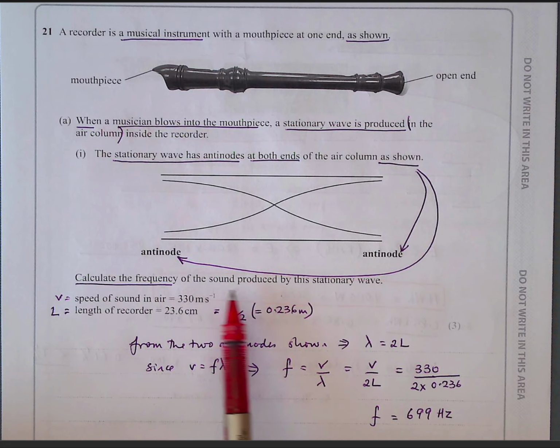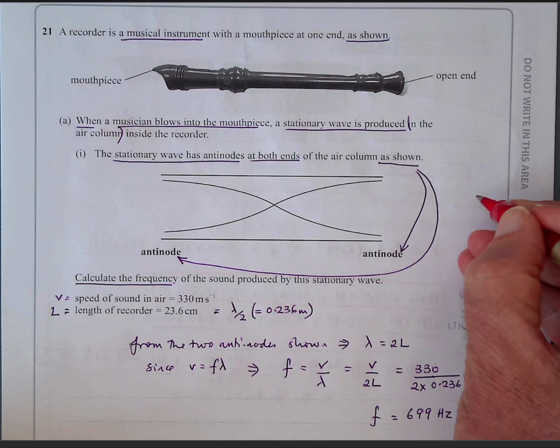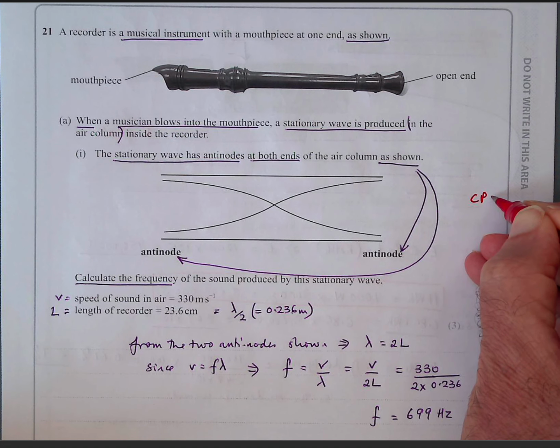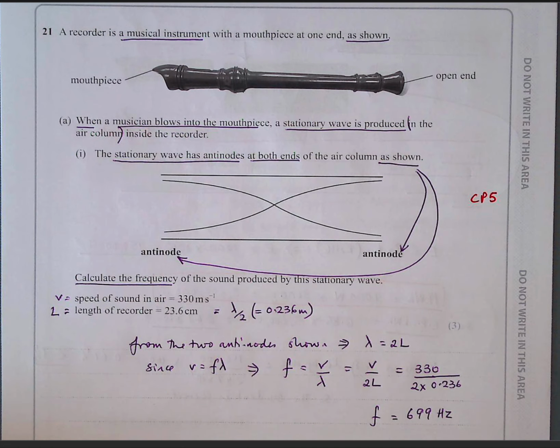Calculate the frequency of the sound produced by the stationary wave. Now this is an application of Core Practical 5, I think, where you do standing waves in the lab. Usually in a lab you use either a vibrating wire or a vibrating string, and you set up antinodes and then you work out the formula.